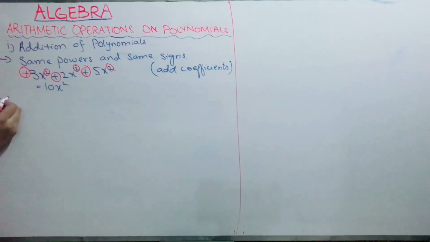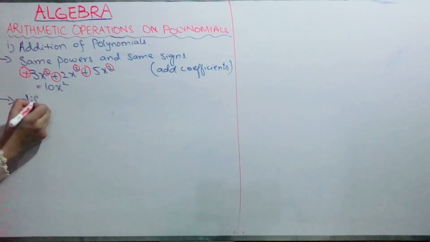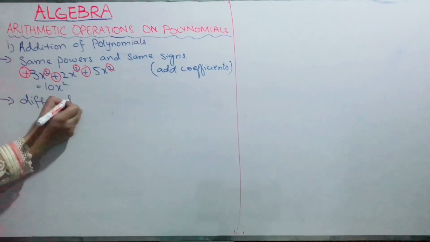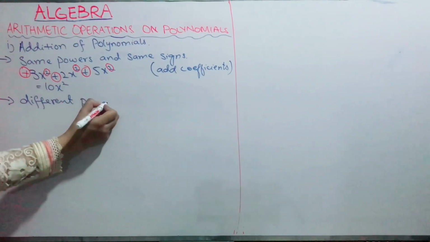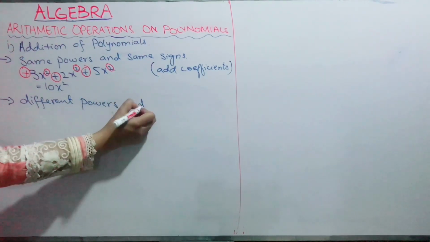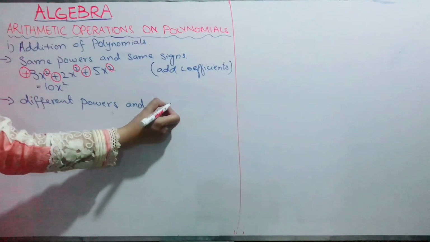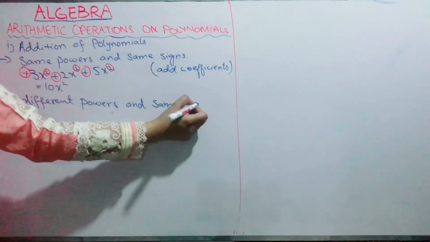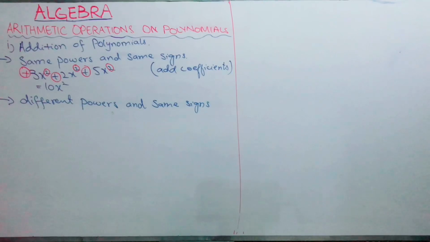The second one is different powers and same signs. Now you are having different powers.